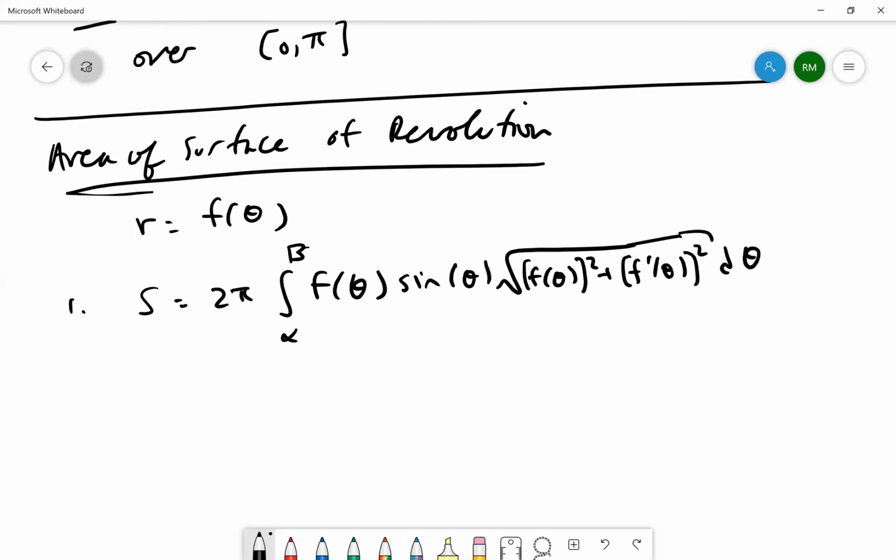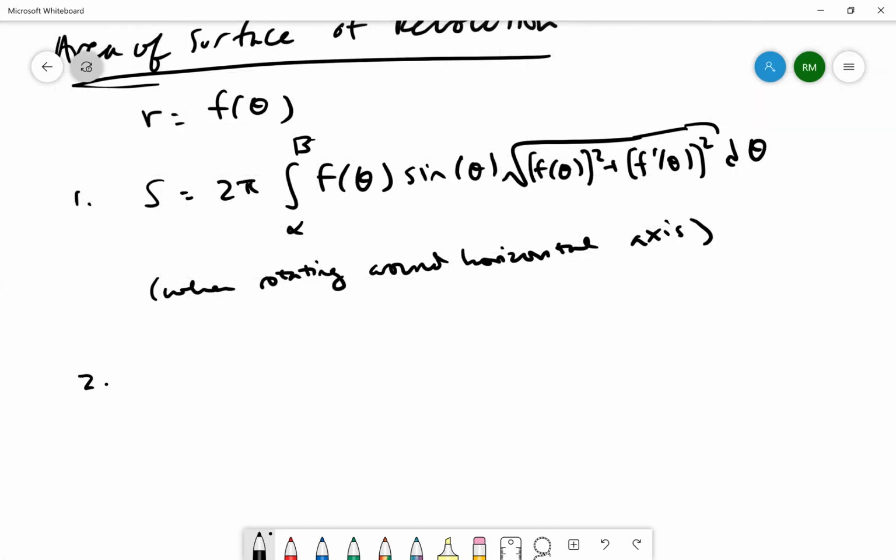That's for when we rotate around the horizontal axis, or x-axis. And we have a very similar integral when we rotate around the vertical axis.